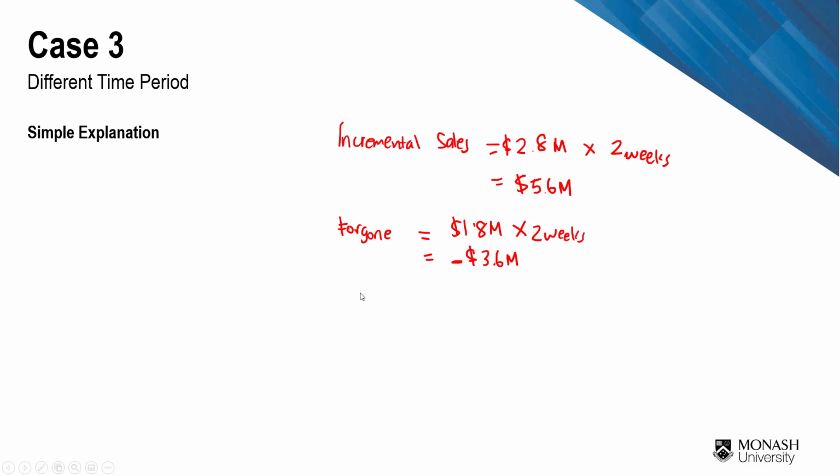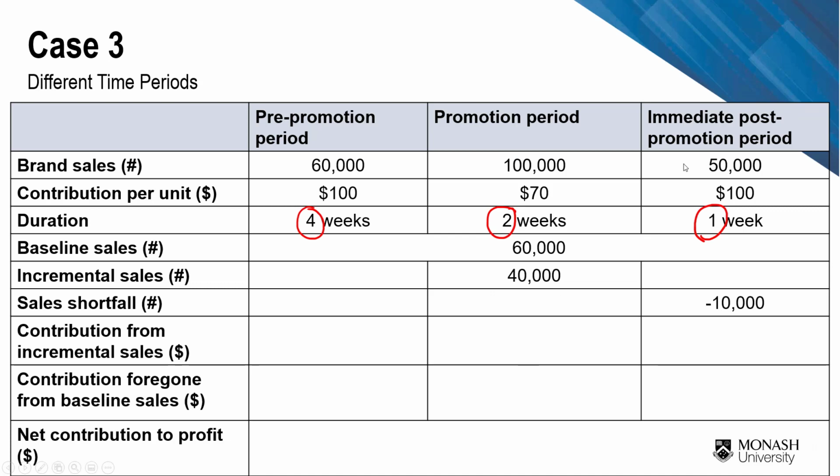Okay, lastly, it's the post promotion. Now the post promotion is going to be 1.8 million times 1 week. So this is going to give me 1.8 million, and this is going to be negative again because the baseline is higher than this.